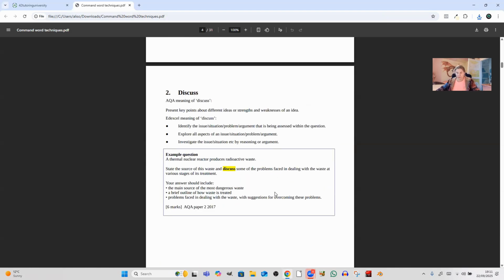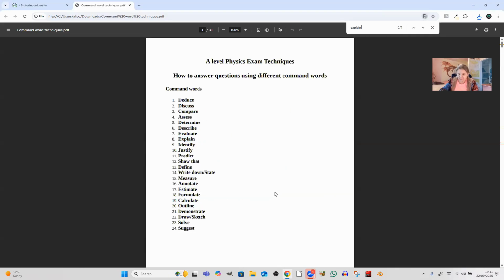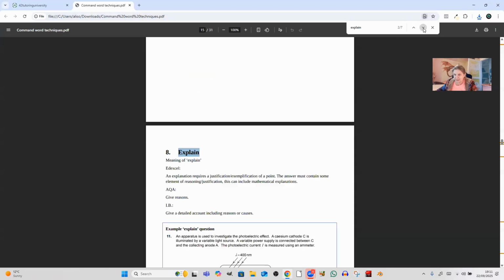If you want to speed things up a bit, you can do Control F. I hope you know that you can do Control F on any PDF or Word document on Google Drive or anywhere else, and you can find the command word that you want. So you can see that explain comes up 7 times in this document. If I just do a down arrow, there's explain.